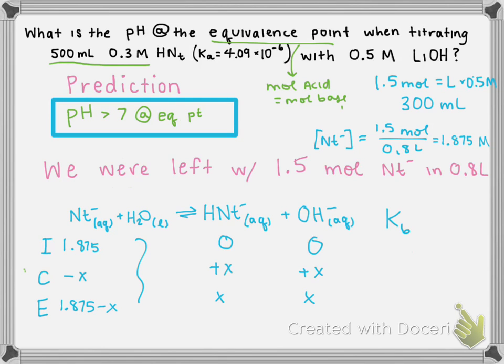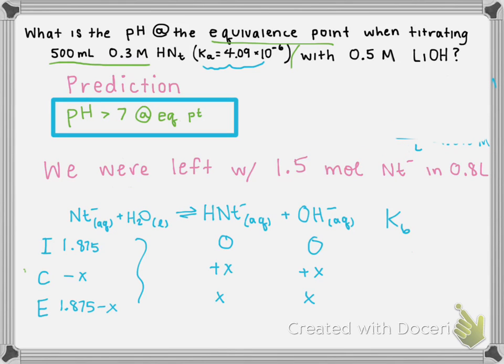So at this point, we want to set our equilibrium row to our equilibrium expression and use our Kb to solve. We have a problem though, and that is the description of this problem gave us a Ka for the HNT. So what we're going to have to do is use Kw to figure out what our Kb for the conjugate base is, instead of having the Ka for the weak acid.